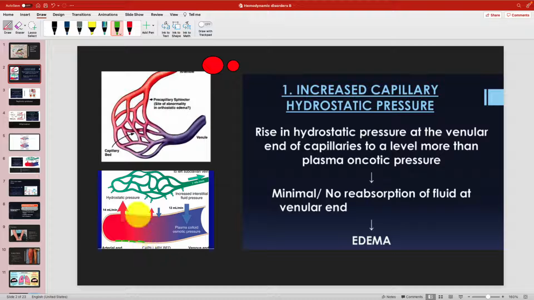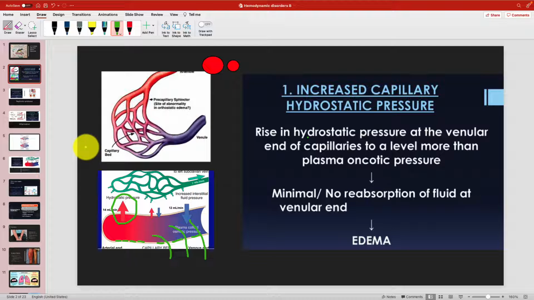So what happens is when we have an increase in this pressure because of some sort of hiccup in the physiology, these endothelial cells get further, see this, and further away from each other. So what that means is now there's a lot of goods that can leave the vessel, right? And it's unregulated. We don't want that to happen, but this is what happens when we have a complication, and that is where we have a rise in hydrostatic pressure, and that rise is greater than what the oncotic pressure is, right?